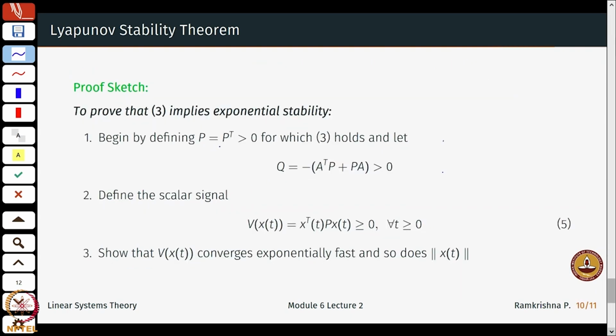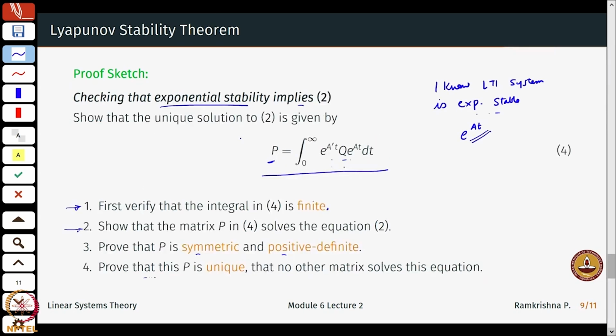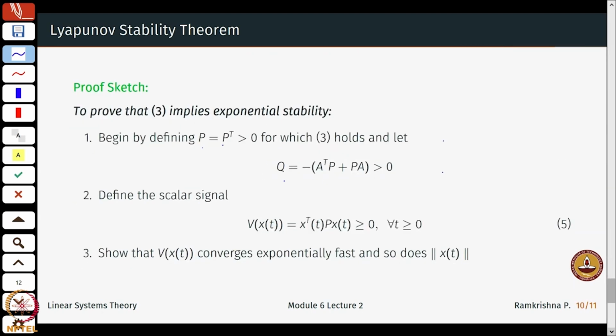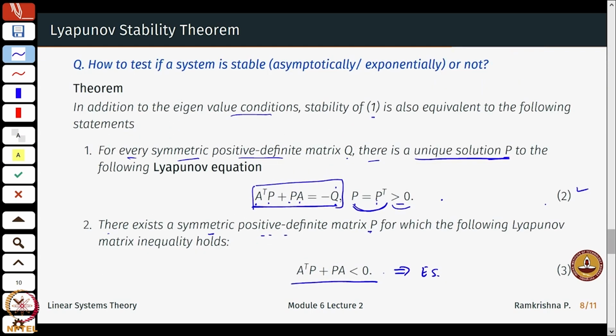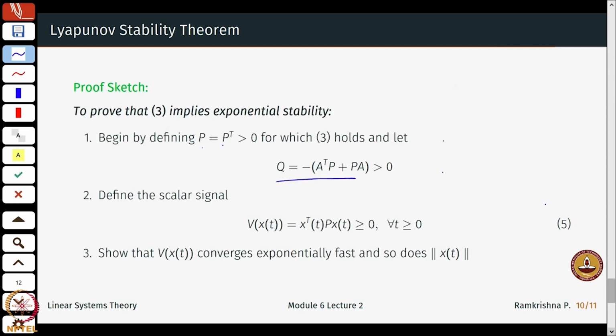I start by defining a P which is again symmetric, positive definite, for which 3 holds, this one, and I define this quantity like this. This comes from, say, equation number 2. Now, I define another quantity, a scalar signal, where x comes from R n.